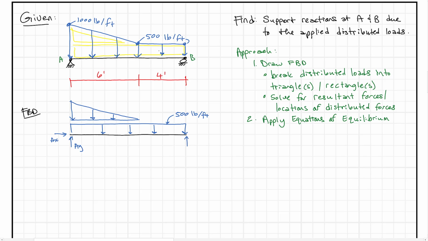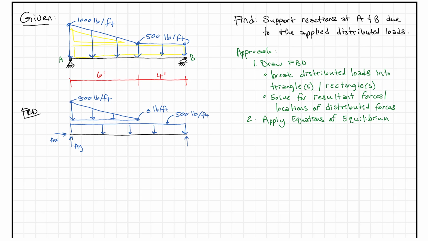So what's left here is a height that goes from essentially 0 pounds per foot at this point all the way up to 500 pounds per foot. Why is it 500? Because we add 500 and 500, and this total height here is going to be 1,000. That's not what we're looking for right now.